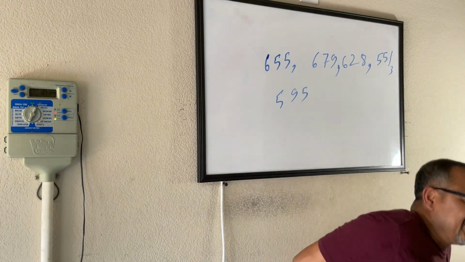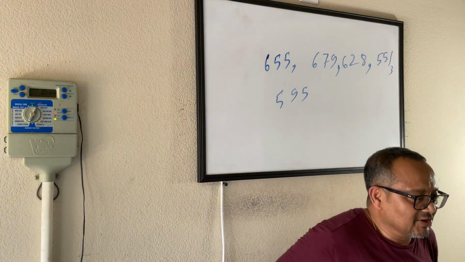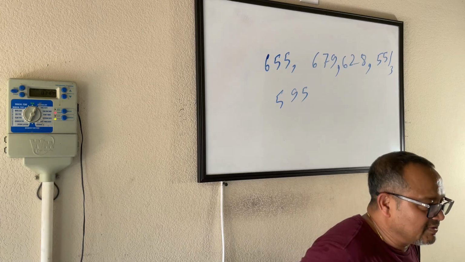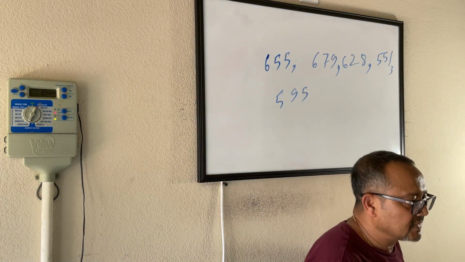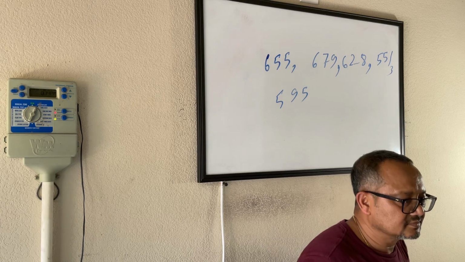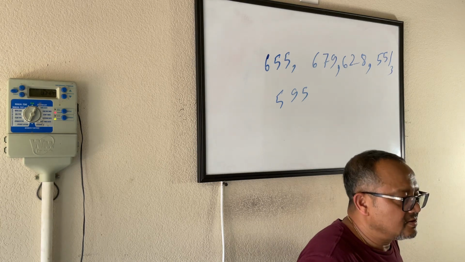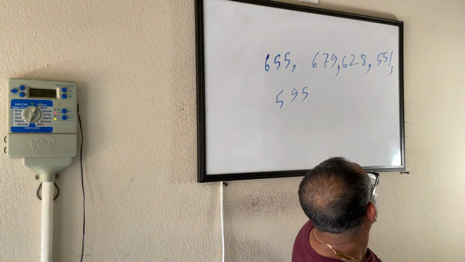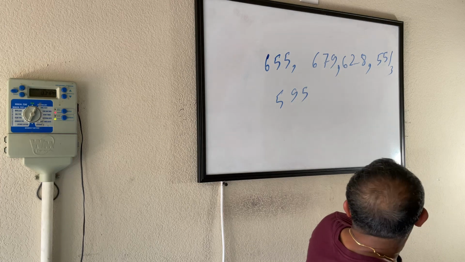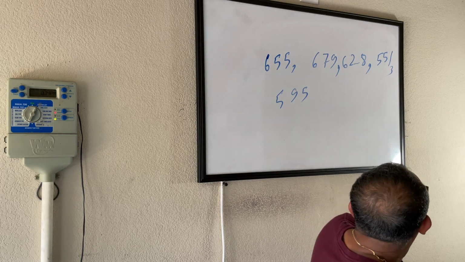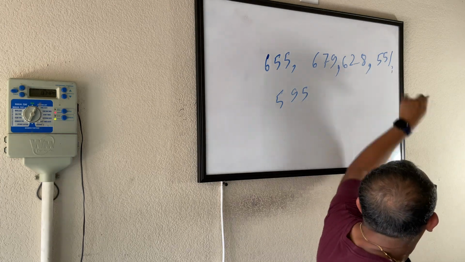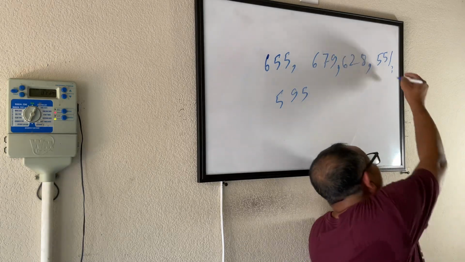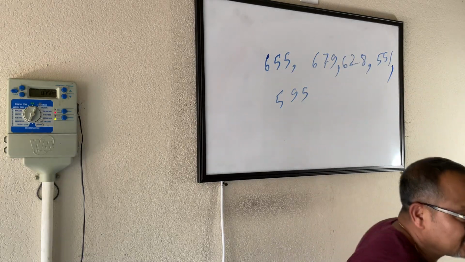Okay. So yeah, Kian, tell me, what is your answer? My answer would go first 551. Oh, that's a comma, my bad. That was my bad because I did not write the comma properly. Okay.